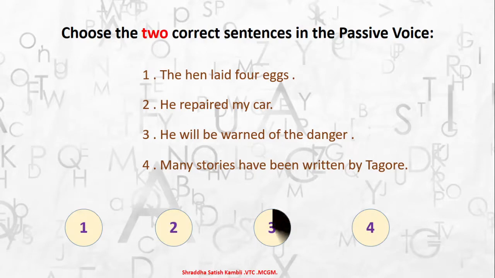Sentence number 3, he will be warned of the danger. And sentence number 4, many stories have been written by Tagore. These are in the passive voice. Alright, so are you finding these questions and examples easy? So you have to pick up 2 sentences, 2 options in these kind of questions.